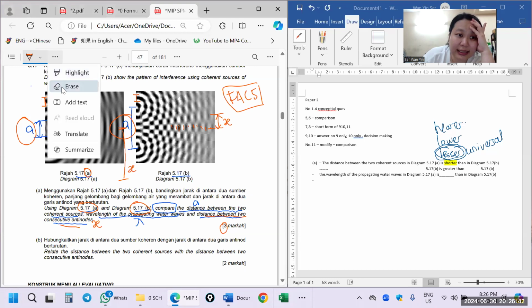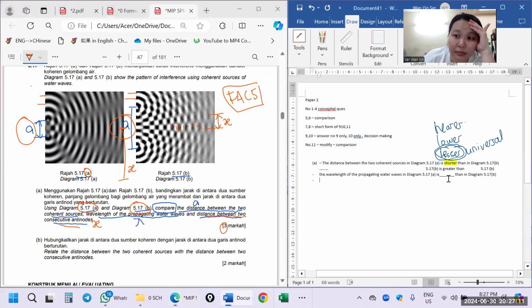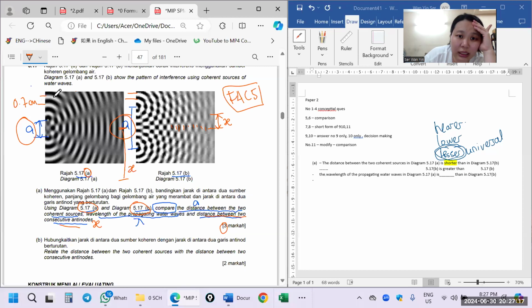Yes. You can go from center to center, or from the beginning of the center to the beginning of the next center. I think A is longer than B, correct? Okay, yeah, thank you. This is 0.7 cm. This is 0.5 cm.